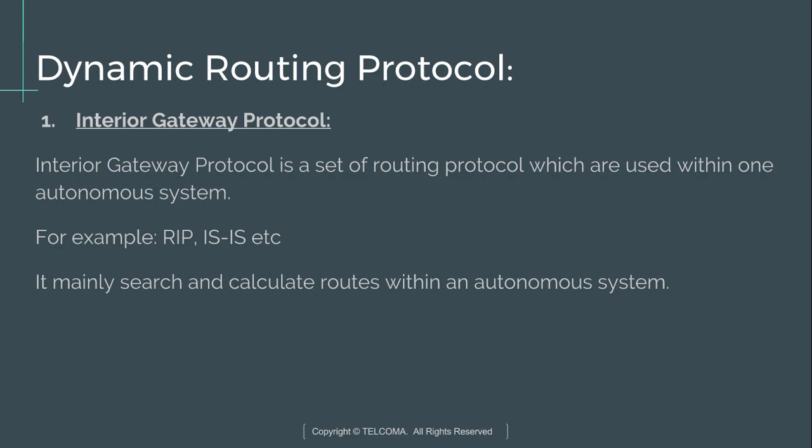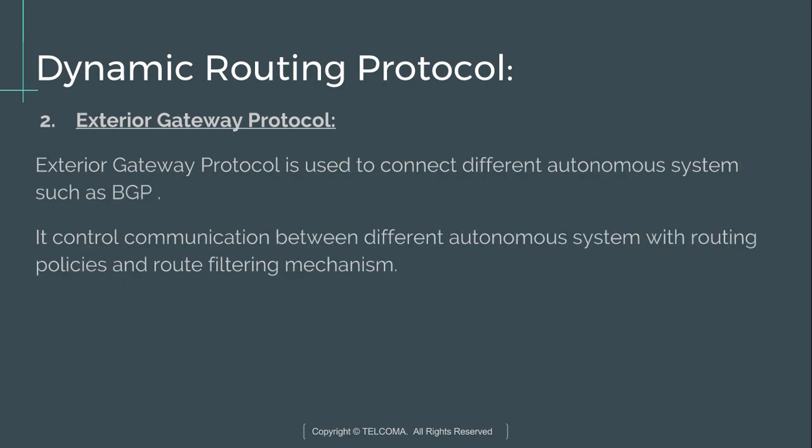The main function of the IGP is to search and calculate routes within an autonomous system. So here these protocols are used to search the best route and to calculate the route metric within a single autonomous system.